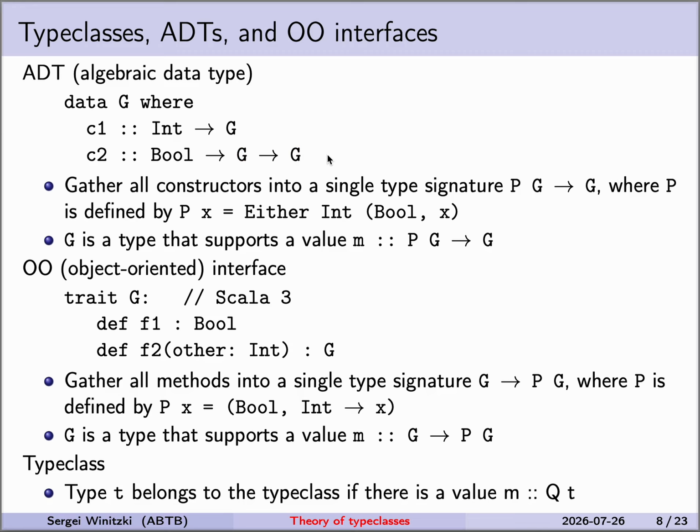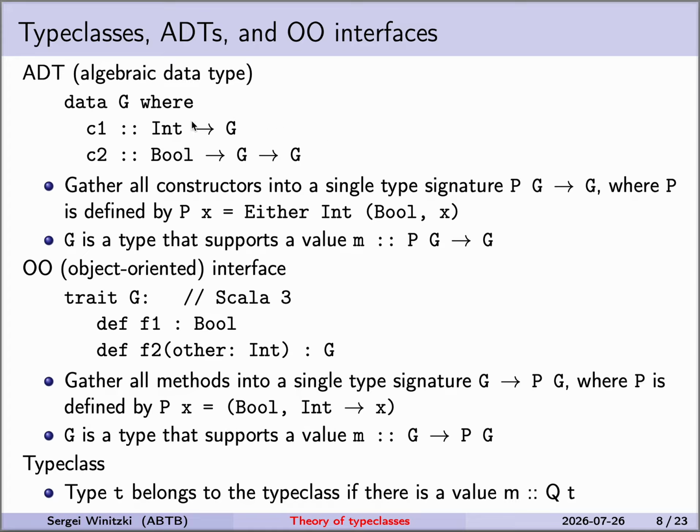So similarly, we can gather all those constructors into a single type signature, and it will be of the form PG to G, because you notice that all the constructors of an algebraic data type must be functions whose final output type is G, the type itself.